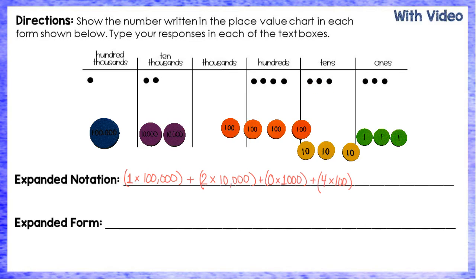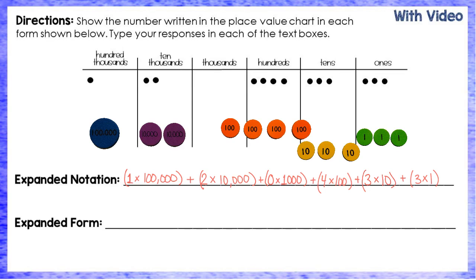So it's 10, 10, and 10. So we have 3 times 10. And then in the ones place, we have 3. And each of these are representing 1. So we would say, I have 3 ones.